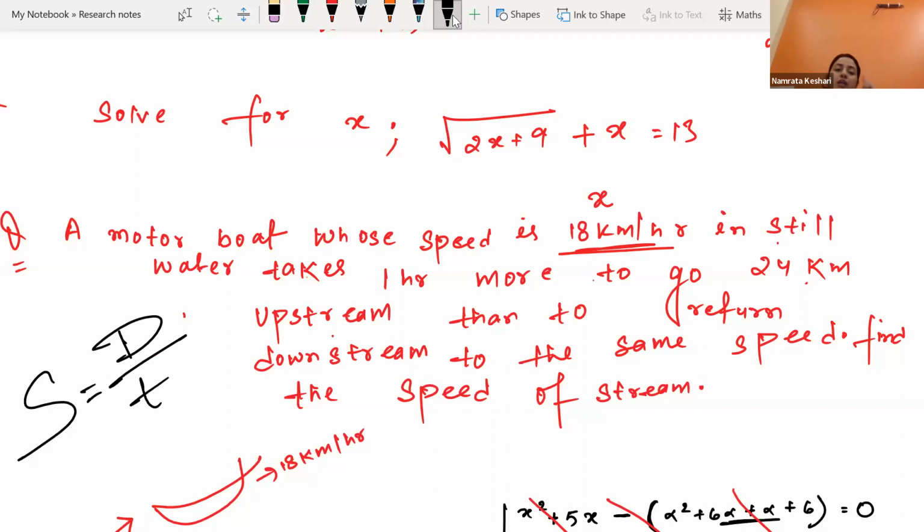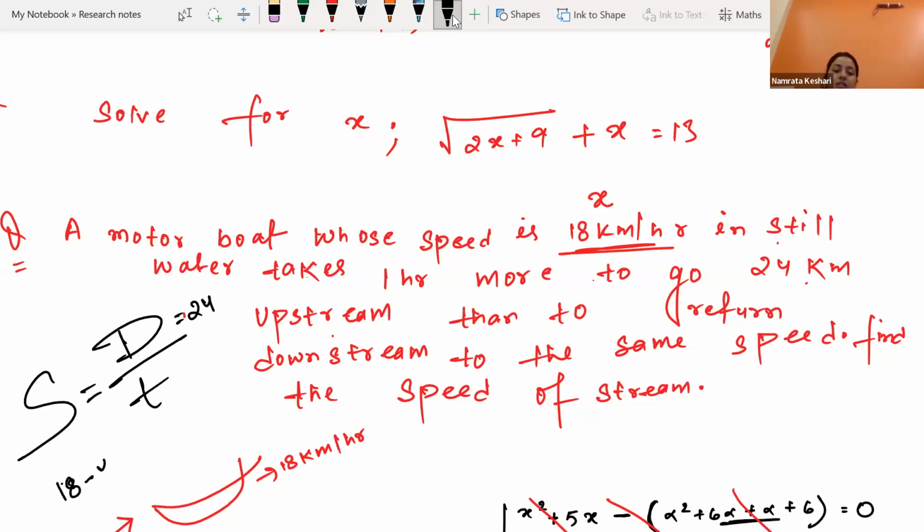But when we are thinking about upstream, we will be using x minus y. When we are thinking about downstream, we will be using x plus y. So the boat whose speed is this in still water takes 1 hour more to go 24 kilometers. Basically we realize that 24 kilometers it is going upstream. That means x minus y. X is 18, given.